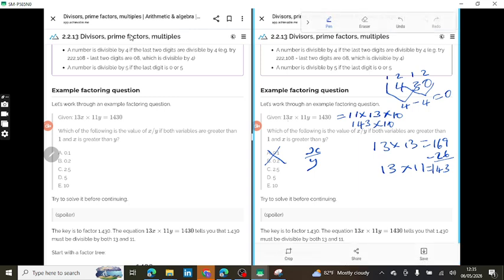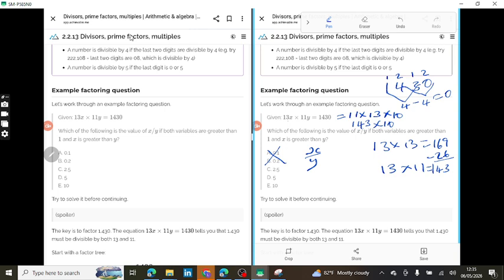Since both variables are greater than 1 and we are looking for 10, we are looking for two numbers to multiply to get 10.